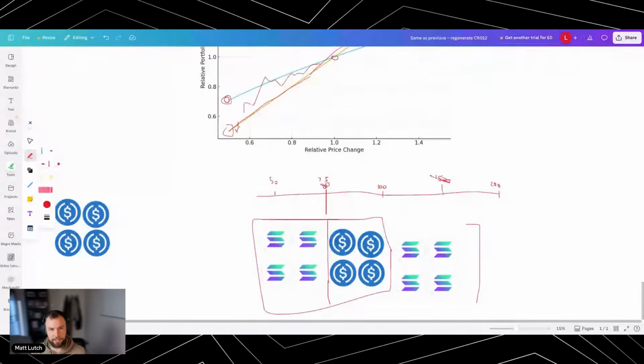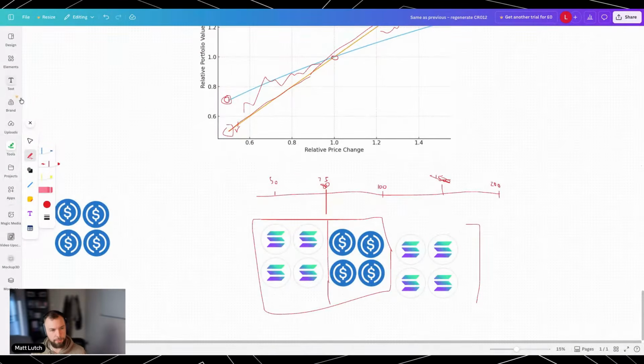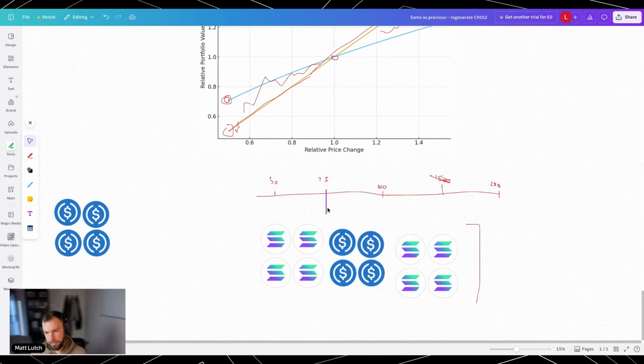When really, what would make more sense is withdrawing from the pool and actually setting a range about there. A bit lower, so maybe like 90, and then still have the same top.